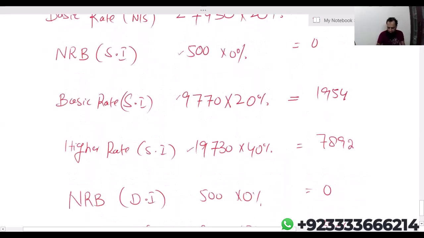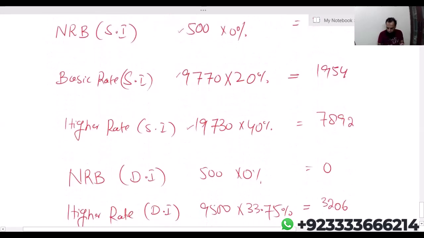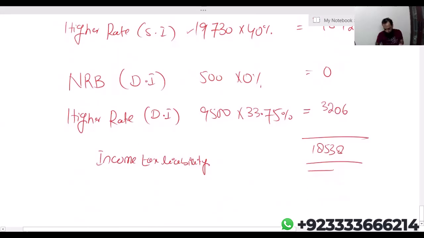That is the income tax liability. Let me recheck. 5,486 plus 1,954 plus 7,892 plus 3,206. That's great. So students, in today's class, I think you should have observed that we did discuss how to calculate income tax if someone is having non-saving and saving income, plus if an individual is also having dividend income.